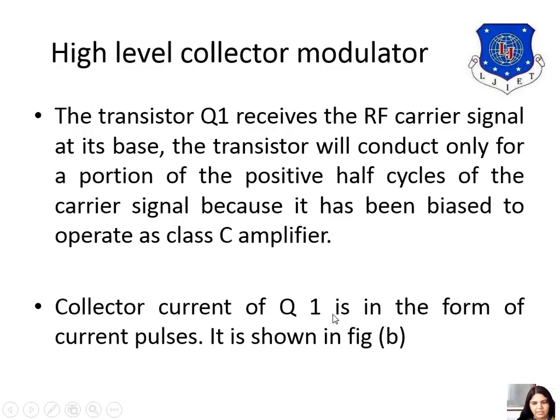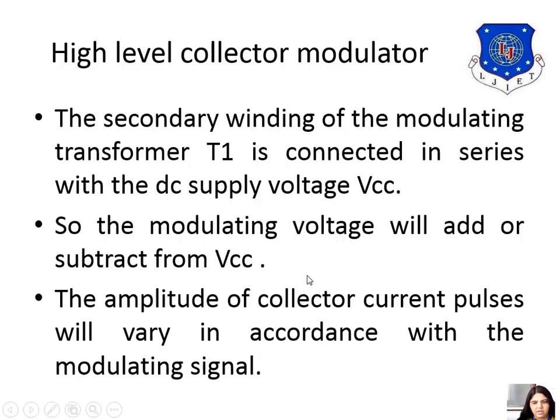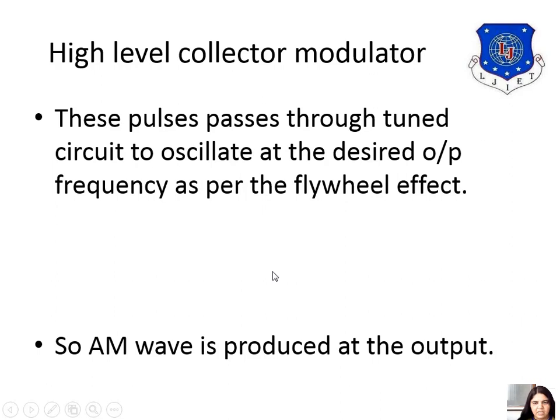Collector current of Q1 is in the form of current pulses. The secondary winding of the modulating transformer T1 is connected in series with the DC supply voltage VCC. So the modulating voltage will add to or subtract from VCC, and the amplitude of the collector current pulses will vary in accordance with the modulating signal. This is given to the tuned circuit, and the tuned circuit will produce the AM wave.